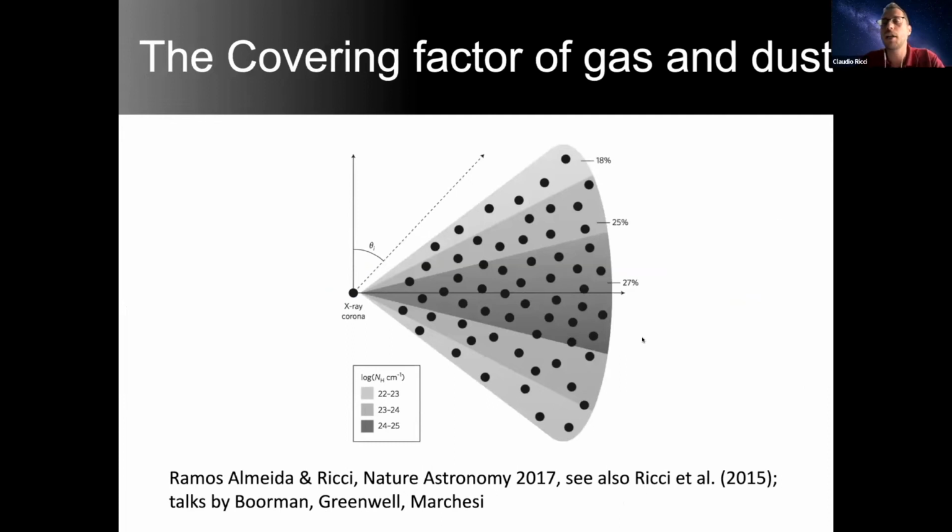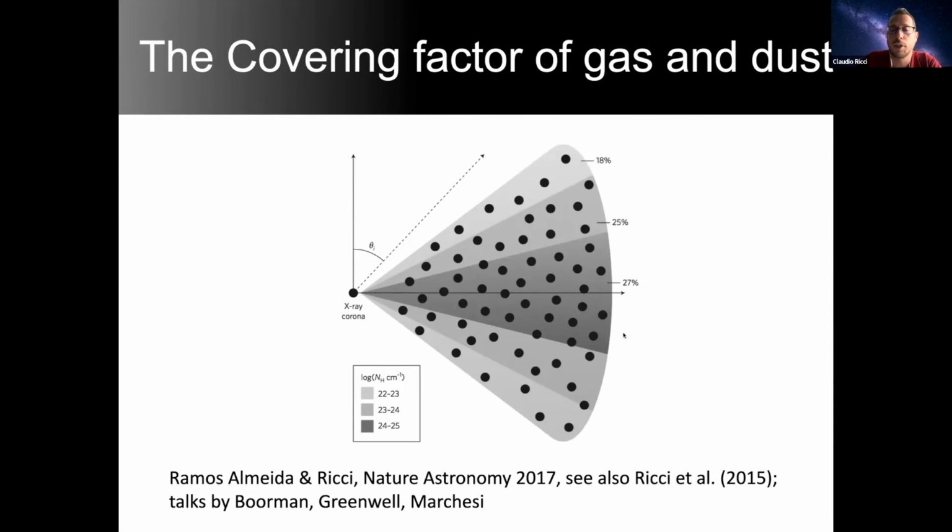But combining all these X-ray observations, particularly using the good constraints on NH we got from NuSTAR, it's been possible to get an average picture of the obscurer of an AGN. And this is a very simplified picture, of course. But we know now that about 70% of the sky of the AGN is covered by material with column densities higher than 10^22, and about 20–30% has column densities higher than 10^24.